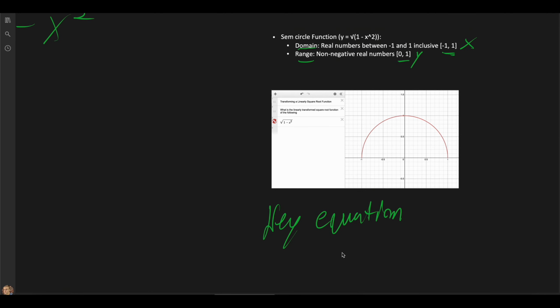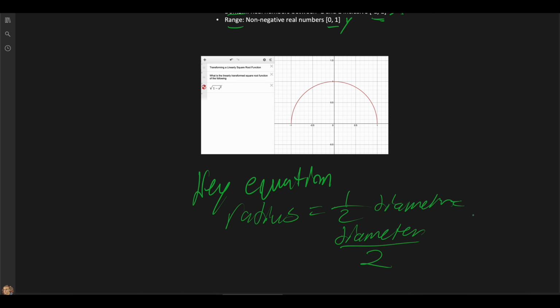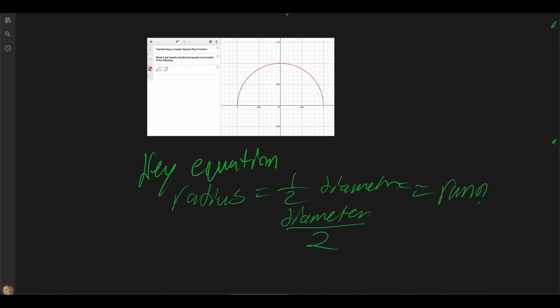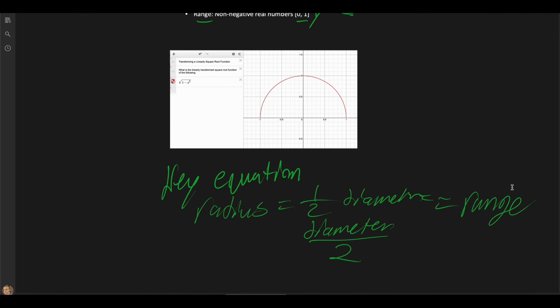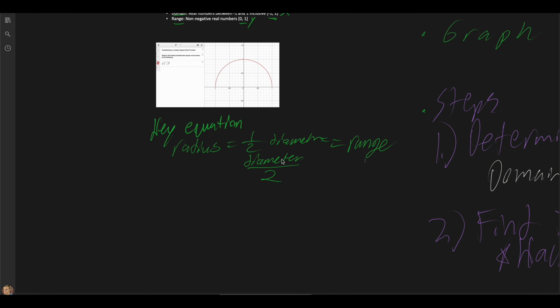And so, always keep in mind whenever we're dealing with circles in general, the radius is always going to be 1/2 of the diameter, or you can just put in diameter divided by 2. And that would also give us our range. Just for context and just to be able to help cement the idea further. Let me just zoom out of here.